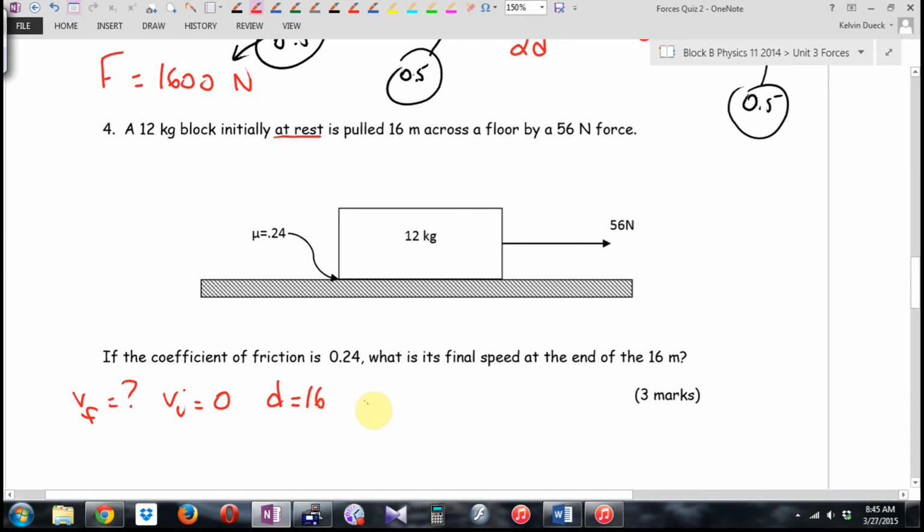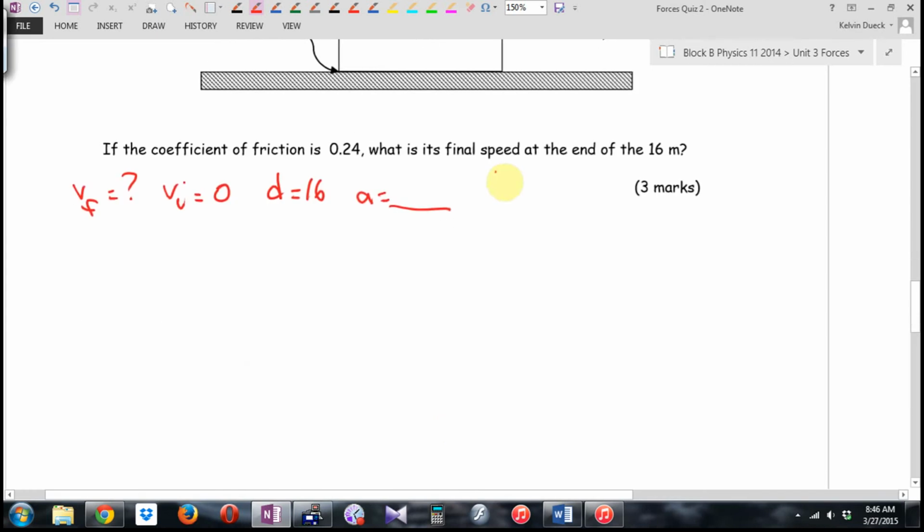I think if I can find that, then I can use the one that you rattled off earlier, Deb, VF squared equals VI squared plus 2AD. So, Colin, although this question is saying find V final, what am I going to spend most of my time finding? Acceleration. How? I bet you forces. So I'm going to draw a little line right here, and I'm going to do the acceleration on the right-hand side. Be kind of organized.